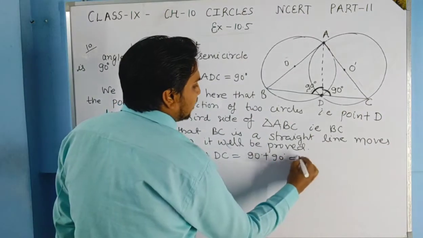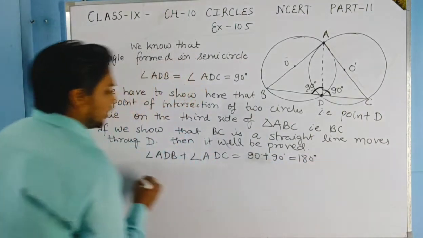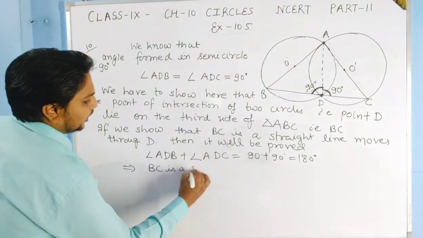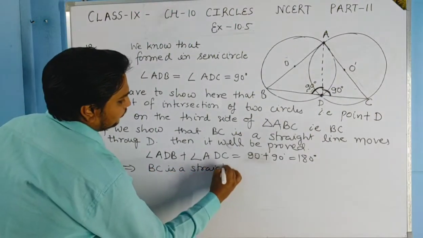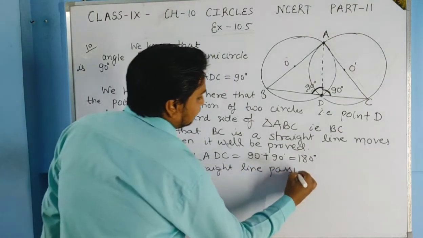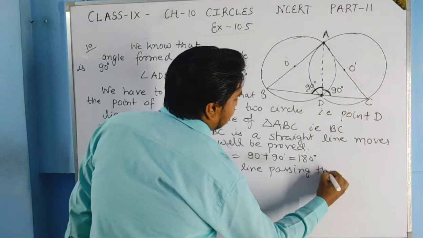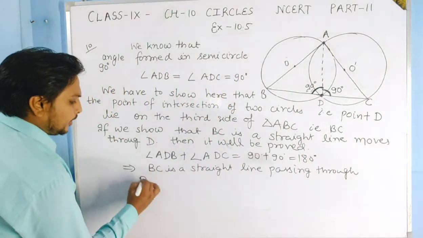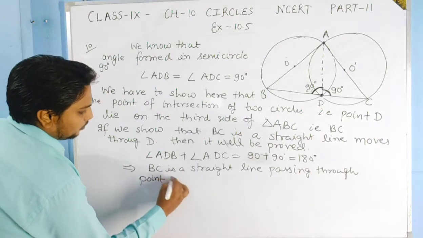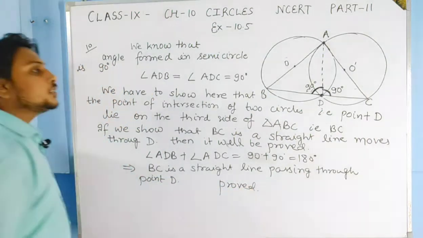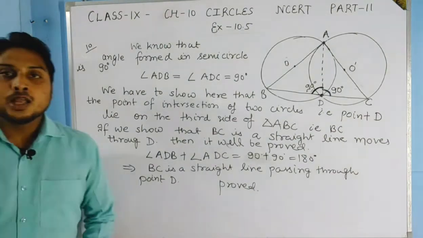So 90 degree plus 90 degree is 180 degree. So it shows that BC is a straight line passing through point D. Okay, it is proved. So this is the proof of this question, students.